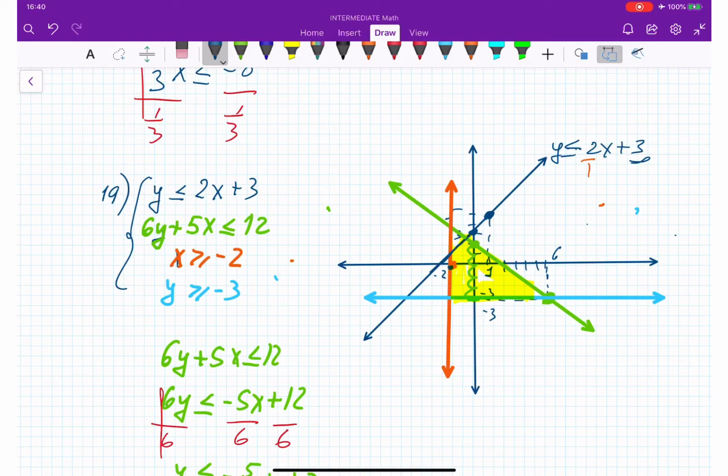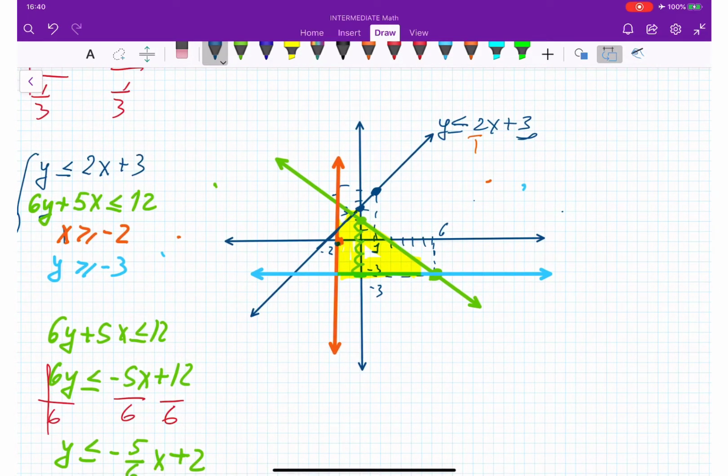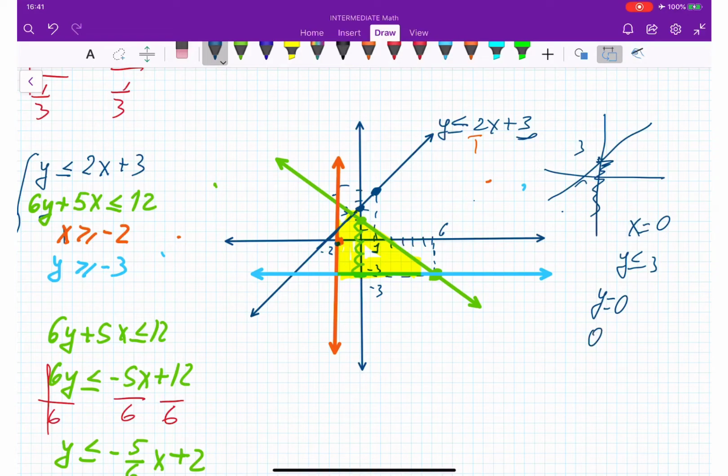Let me shade it separately. So for this blue one, if this is our graph, this is 3, so X is 0, Y is less or equal 3. So less or equal 3, it's going to be this. And then if Y is 0, we get 0 less or equal 2x plus 3.